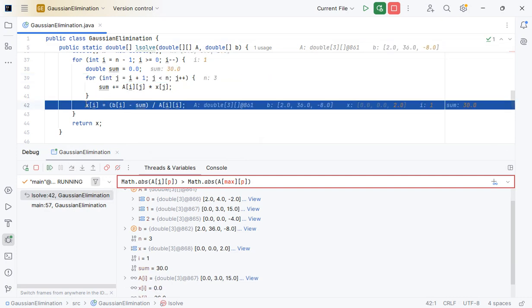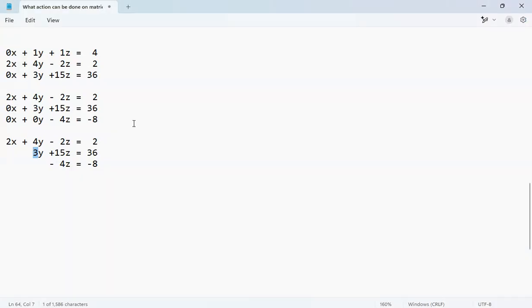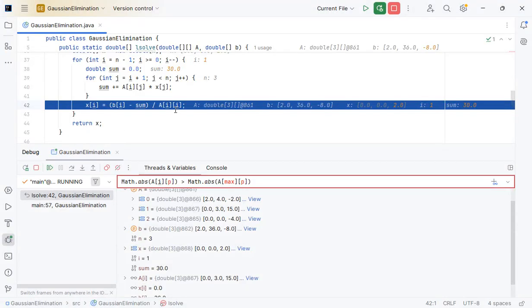And you see now you have to calculate this. And what happens? You have b part, this one, minus the sum, and divided by this. Yes, very good. And here you have this one divided by this. So you are calculating it. You see xi is 0, 0, 0.